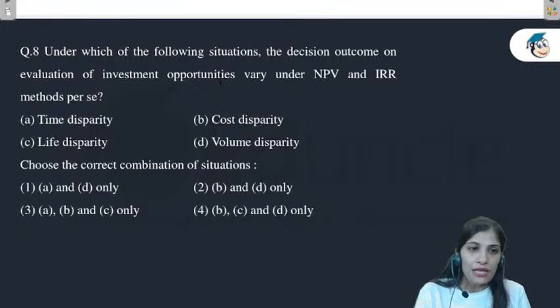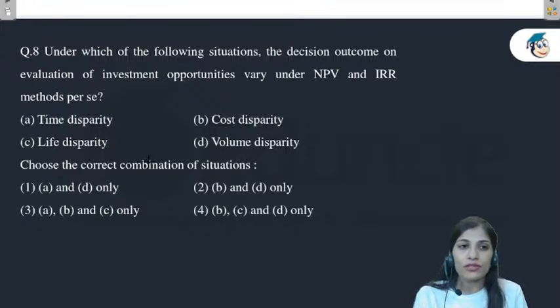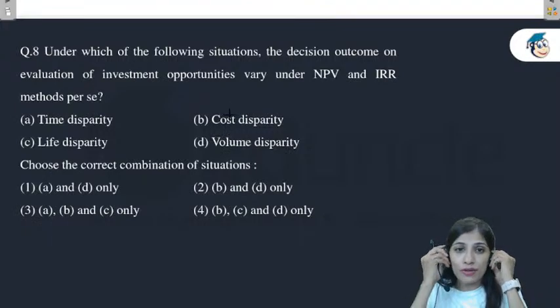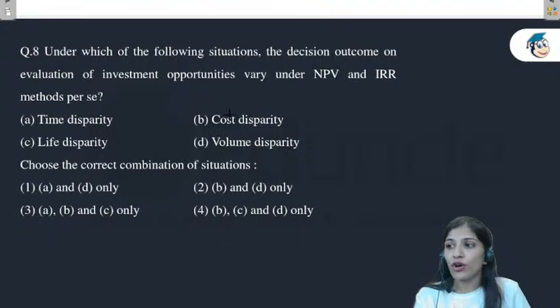So first, we have time disparity, cost disparity, life disparity and volume disparity. In which of these situations do we find that NPV and IRR have conflicting results?